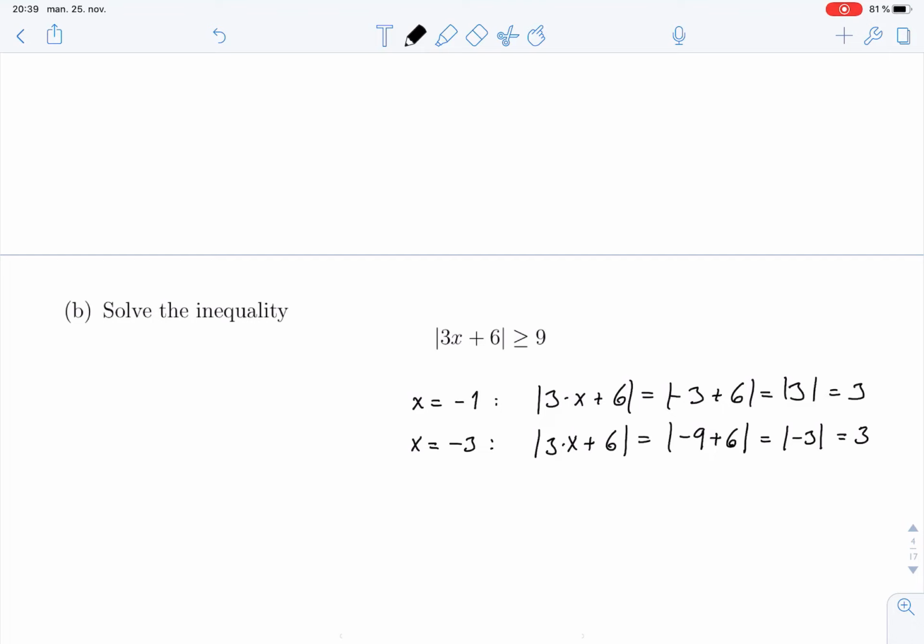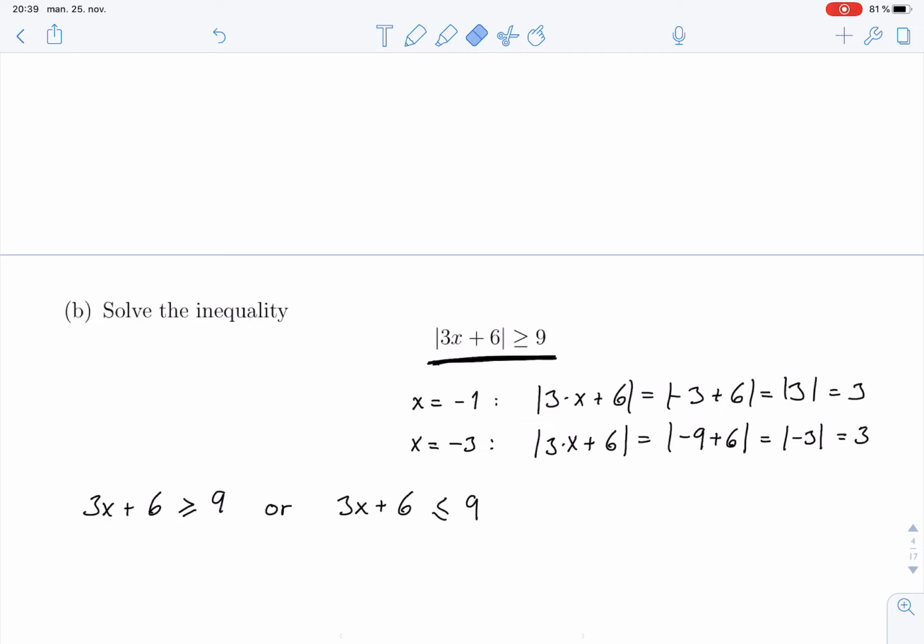So when we have this equation, we need to make sure that 3x plus 6 is larger or equal to 9, or 3x plus 6 is less or equal to -9.